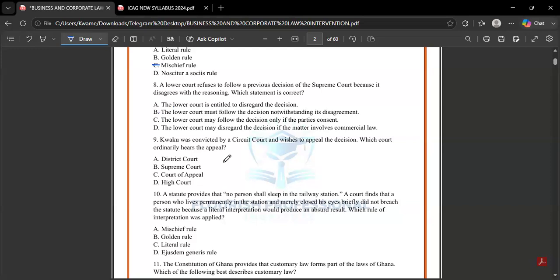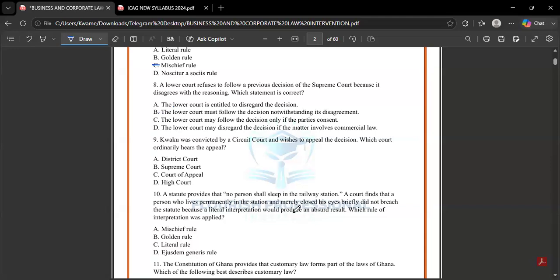A lower court refuses to follow a previous decision of the Supreme Court because it disagrees with the reasoning. Which statement is correct? A. The lower court is entitled to disregard the decision. B. The lower court must follow the decision notwithstanding its disagreement.